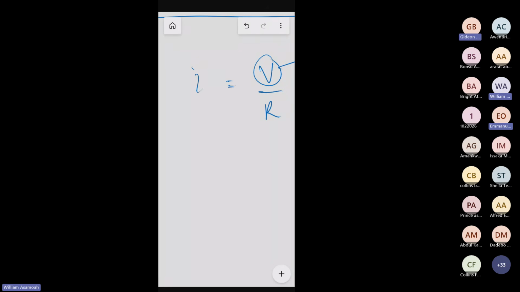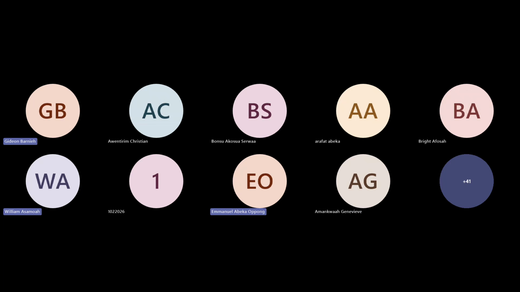No, sir. It will be very big. Because look at it, it's V over R, right? So if R is small, won't I be big? Yes, very big. Please, do you understand?